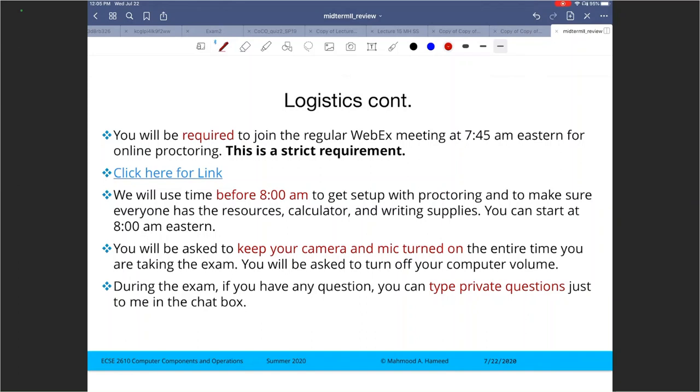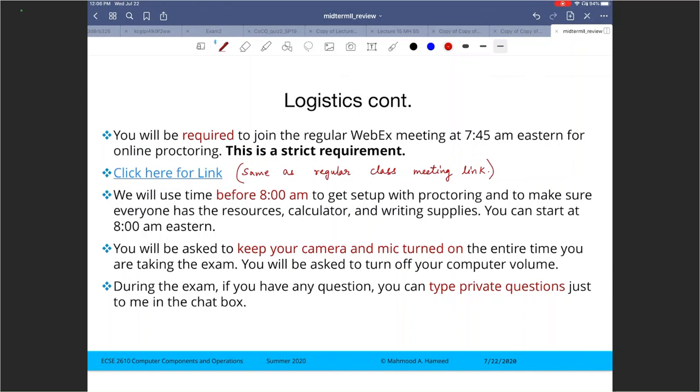Same as regular class meeting link. So you can get to it using either option.